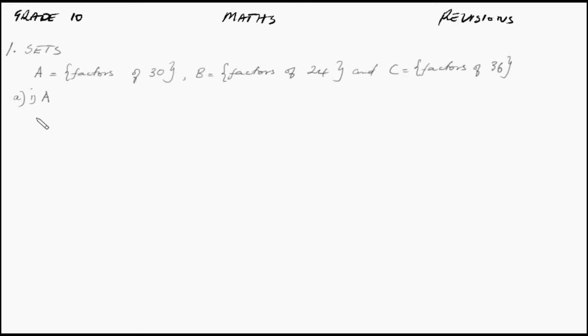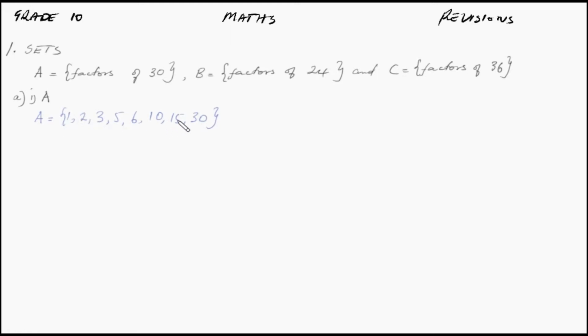You will say set A, the elements of set A are factors of 30: 1, 2, 3, 5, 6, 10, 15, and 30.